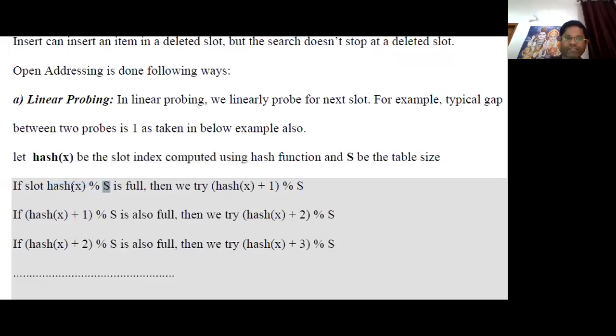So if the position hash(x) modulo s is full, then we will try (hash(x) + 1) modulo s. It means if this current position is occupied, then we will search for the next position that is immediately adjacent below the previous position. Again, if this position is also full, then we again try for the second position that is below this one.